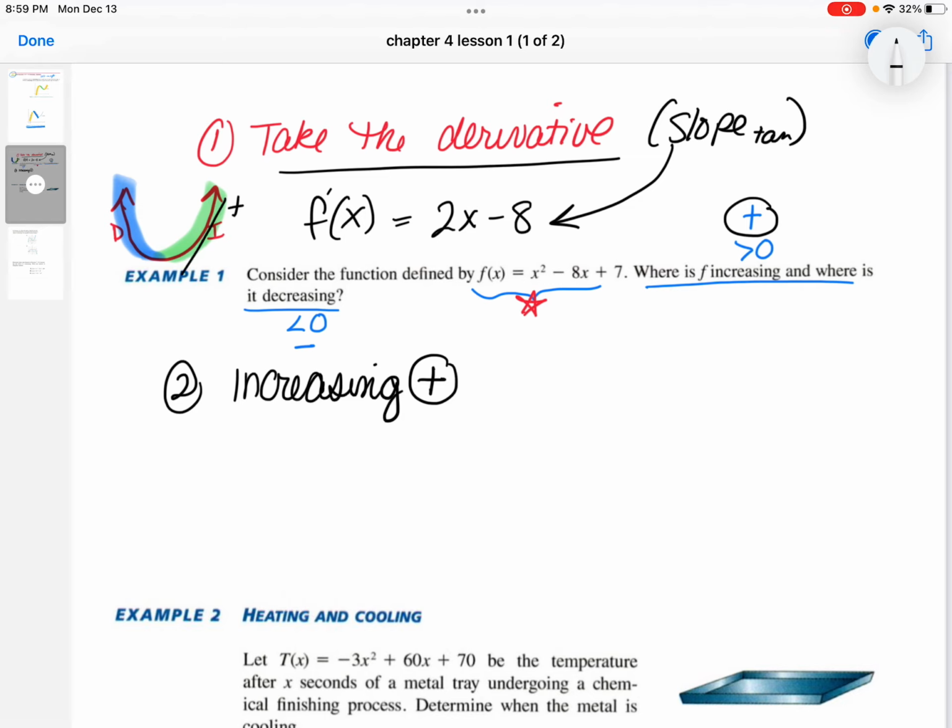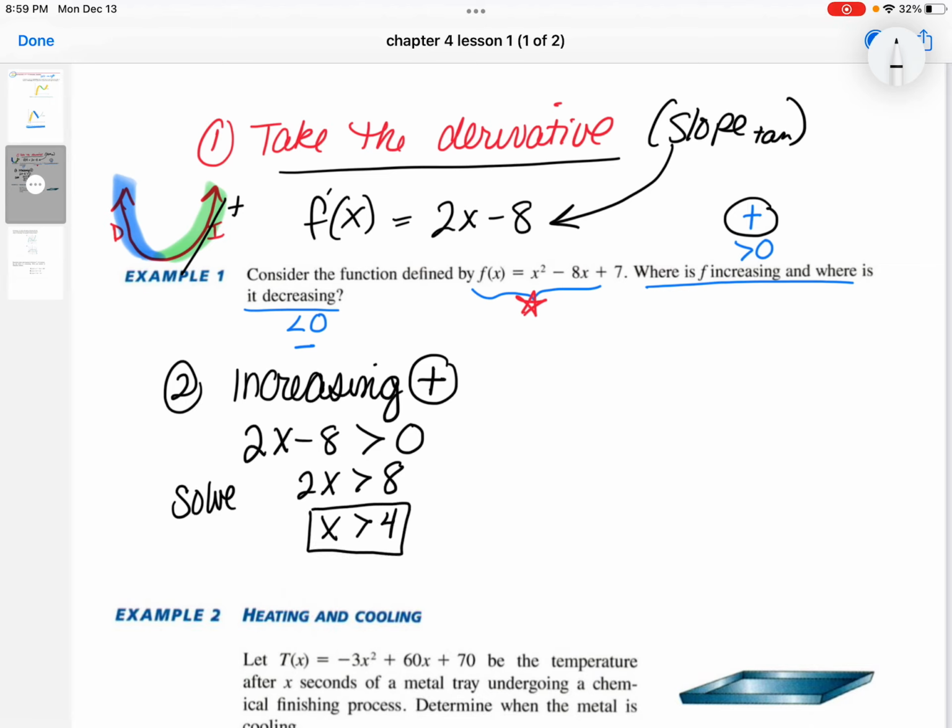I'm going to take 2x minus 8 and set it greater than 0 because numbers that are positive are greater than 0. So we're going to solve this inequality, and we'll get 2x is greater than 8, and then divide by 2 on both sides, and x is greater than 4. This means on the interval where x is greater than 4, the graph will be increasing.